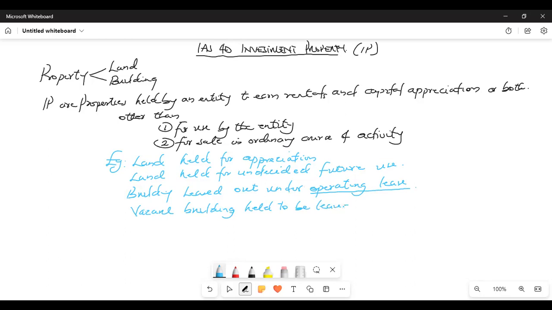So you've not leased it already, but you've held it to be leased out under operating lease. So it's either you are doing the thing or you are keeping it to do the thing. That is the meaning. It's like either you've held the land for capital appreciation, or it has undecided future use. So that is that, and the lease aspect too.